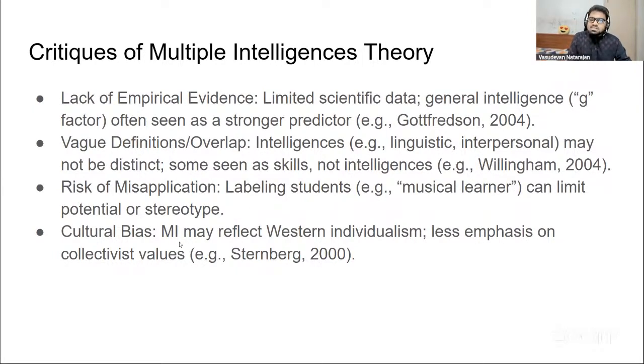Cultural bias. Multiple intelligence theory will reflect Western individualism, with less emphasis on collectivist values. Now, Sternberg actually spoke about it. I'm going to show that to you eventually. There are times when people actually mention that, for example, in Western culture, it is more about taking actions by yourself.